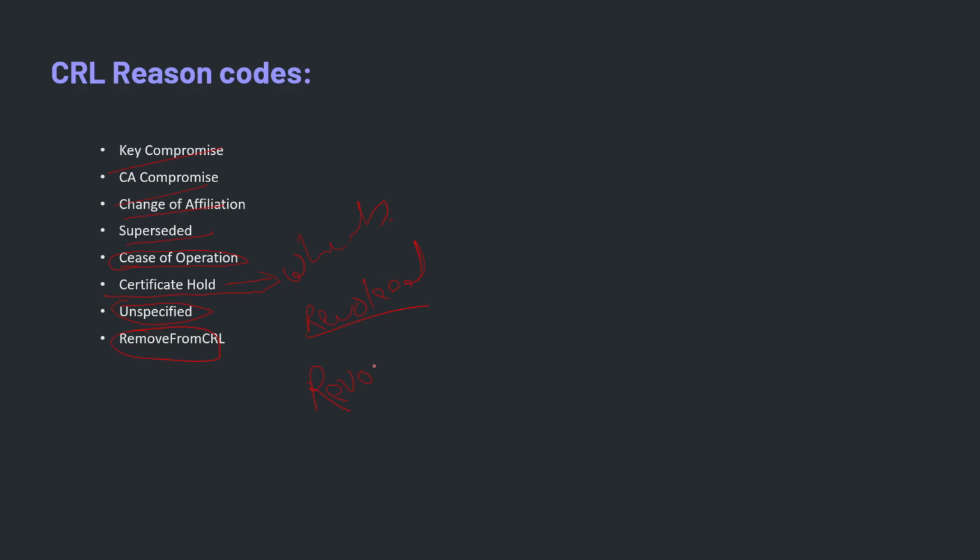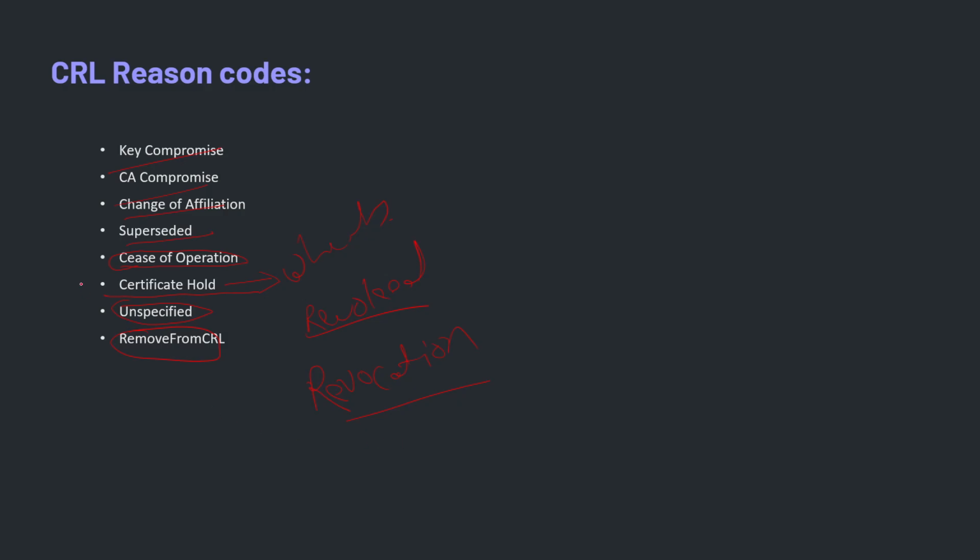If I say that I don't want to use my site for the next 6 months, I will revoke that certificate so that no one can use it right now, but I have to use it after 6 months. So I will put the certificate hold reason in the revocation while I am revoking the certificate. We will give a time period when we are revoking the certificate, and after that time period that certificate will be active again.